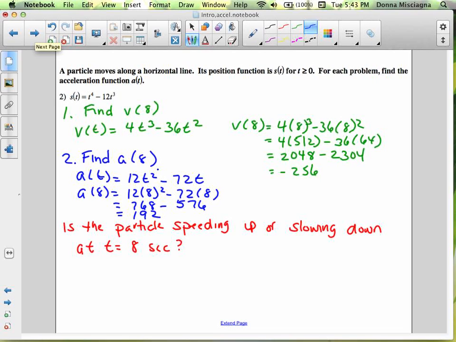Now actually let's put our units. I'm sorry, I forgot the units. That will just keep meters per second, and then this one is meters per second squared. Notice they are not the same. So is our particle speeding up or slowing down?